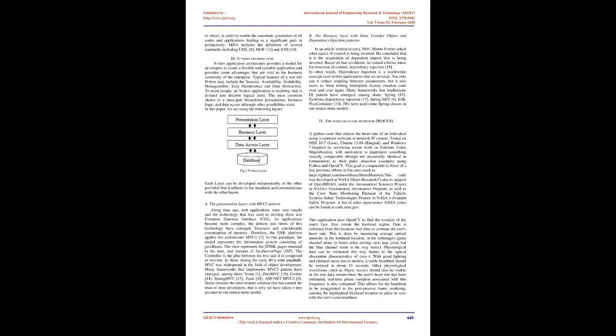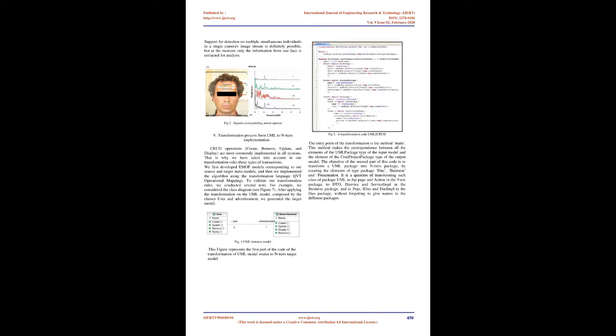The presentation layer with MVC2 pattern. A long time ago, web applications were very simple and the technology used to develop them was Common Gateway Interface, CGI. As applications became more complex, the defects and limits of this technology emerged: slowness and considerable consumption of memory.